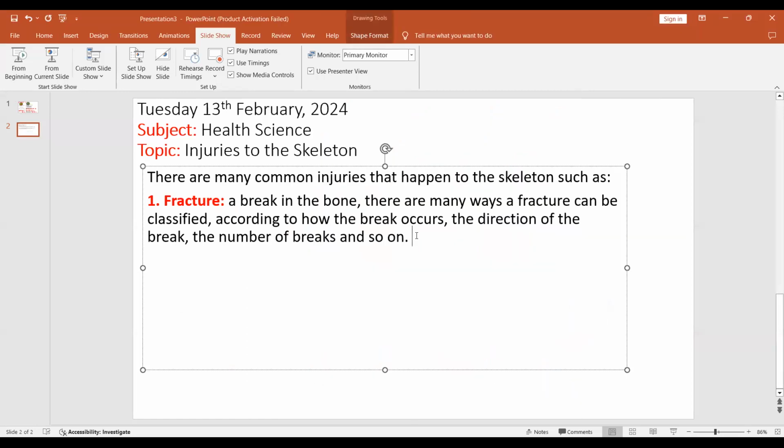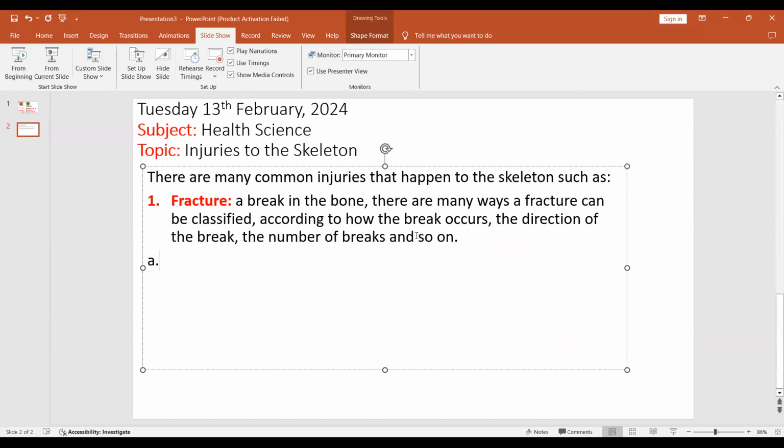Okay, so that's a fracture. Let's look at the types.